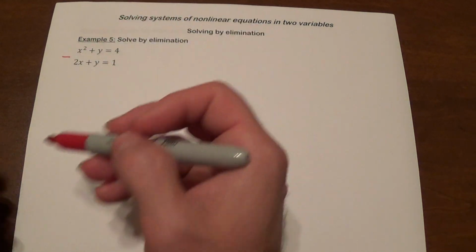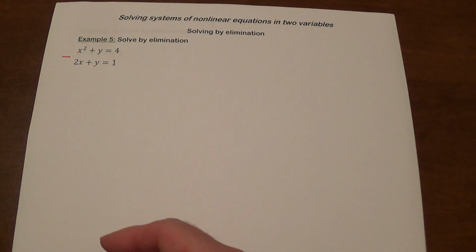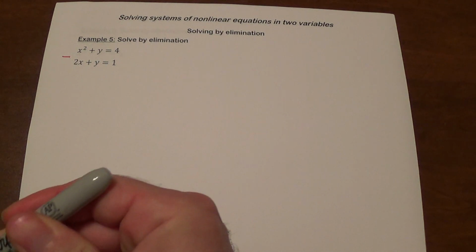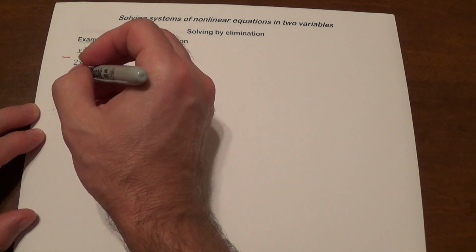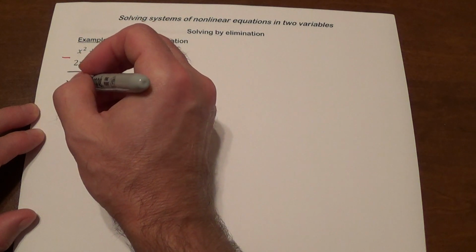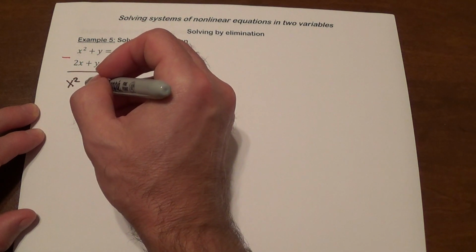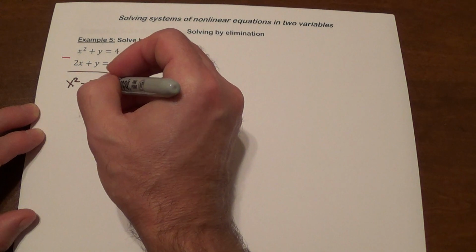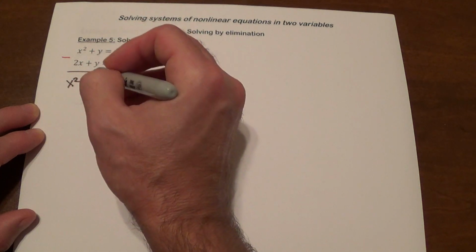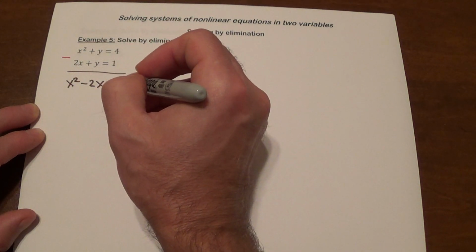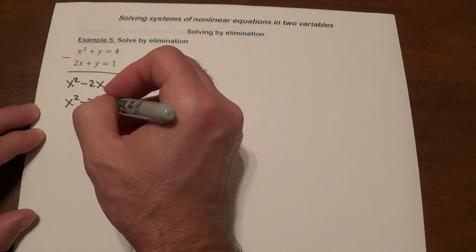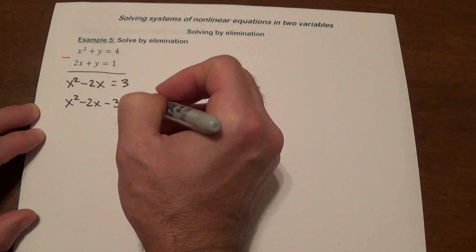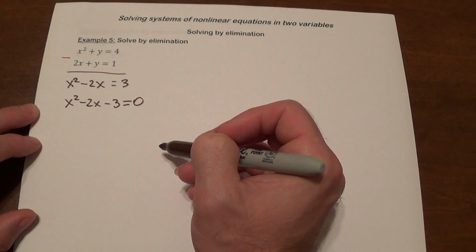So if I subtract here, I will be able to eliminate my y's, and I'm going to be only left with x. That's going to give me x² − 2x, the y's cancel, equals 3, which I'm going to put in standard form.